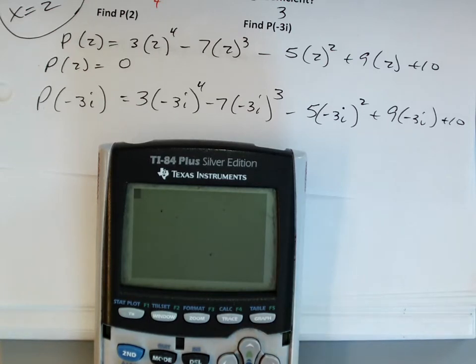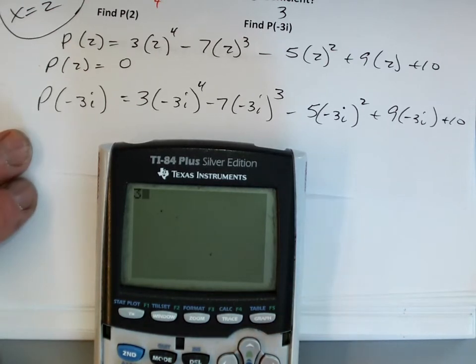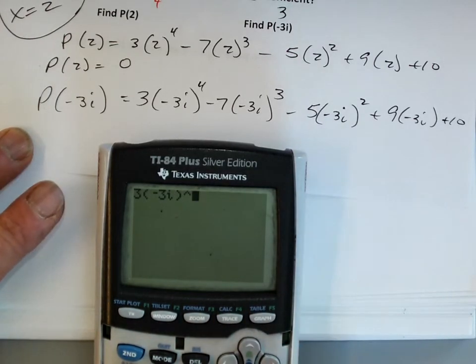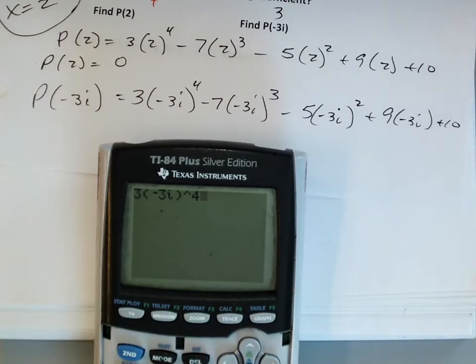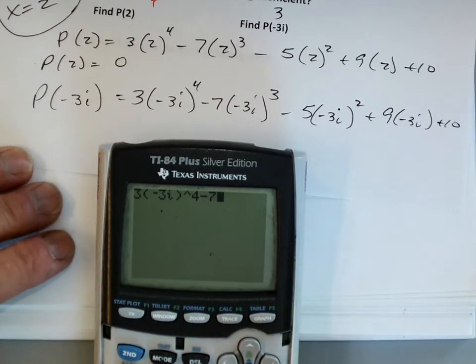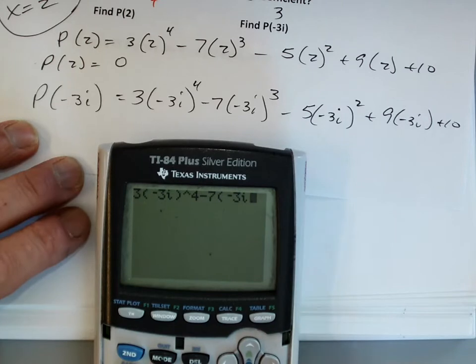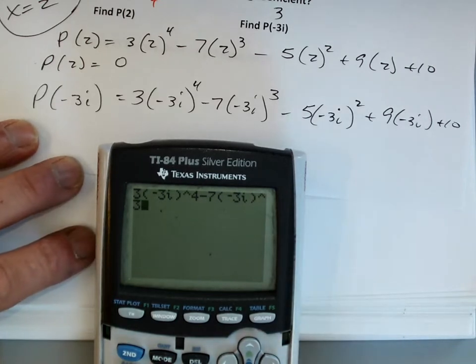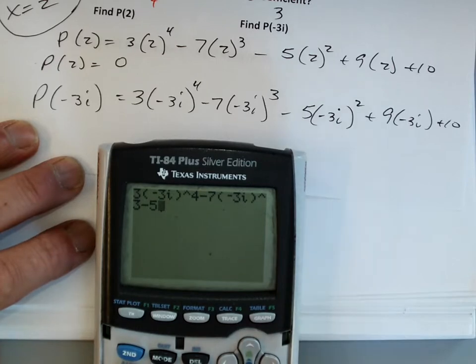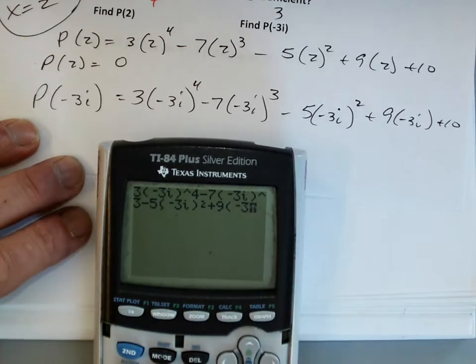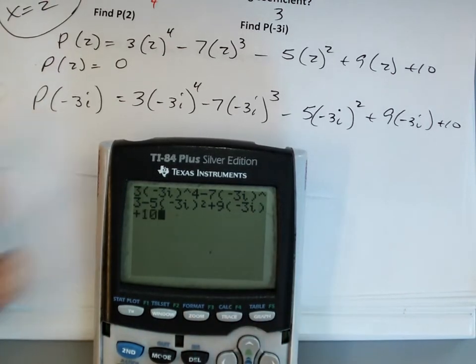Do you see it? So if I go 3, parentheses, negative 3, and I push my i, to the 4th power, and then minus 7 times negative 3i to the 3rd, and then minus 5 times negative 3i squared, plus 9 times negative 3i, and then plus 10, right?